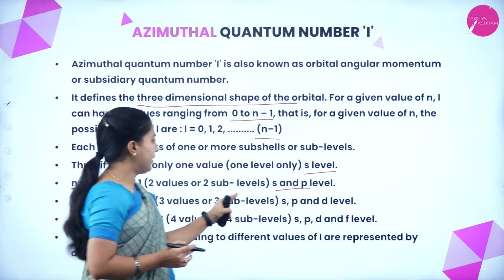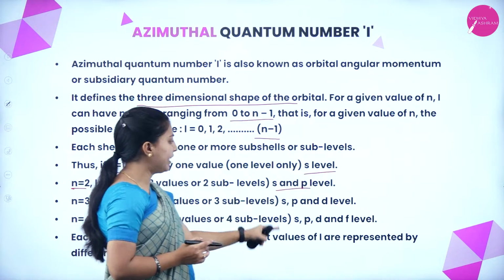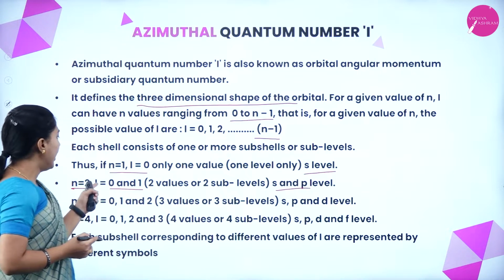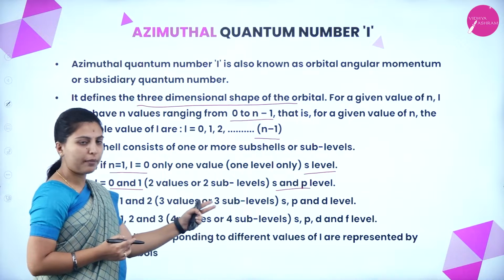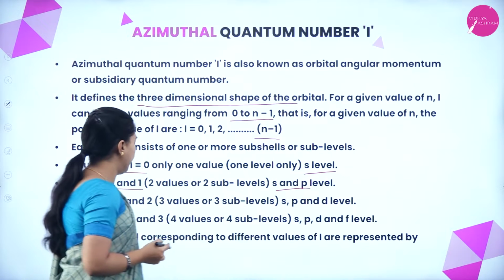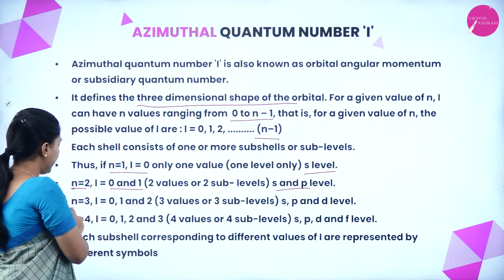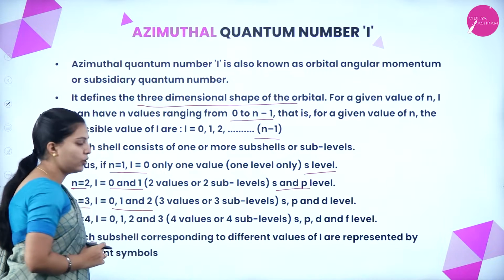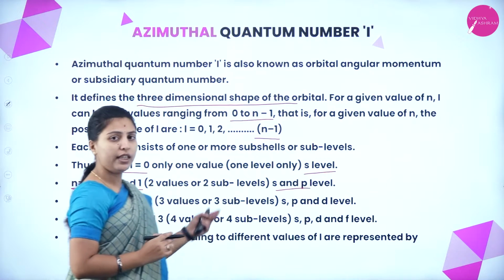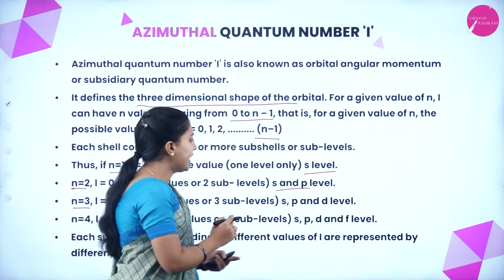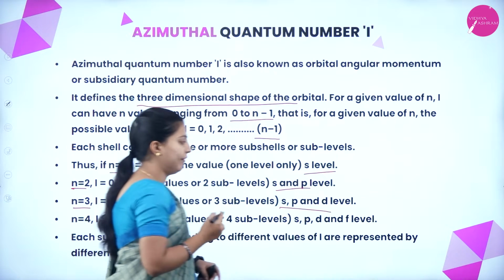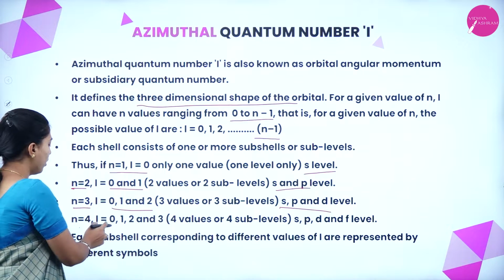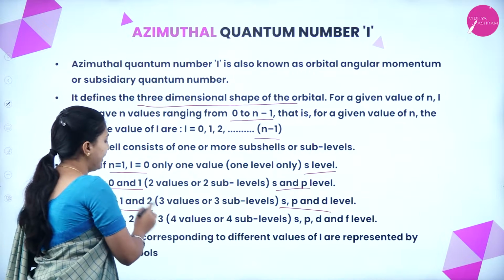These sublevels or subshells, s, p, d, f, are subshells. For n equal to 2, l will have 2 values or 2 sublevels, that is the s and p levels. Similarly, when n equals 3, l will be 0, 1 and 2. 3 values, 3 sublevels, that is the s, p and d levels. When n equals 4, l equals 0, 1, 2 and 3.